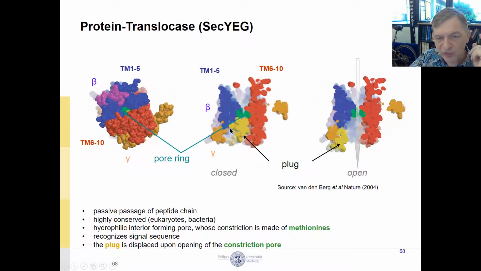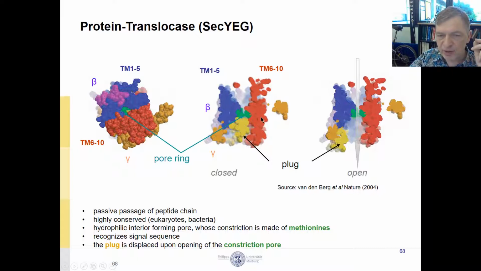When the plug goes away, one would expect that many small things can pass through this kind of pore ring. But that does not happen because, in order to go away, first the polypeptide chain has to be pressed through the pore ring by the continuous translation of the ribosome that is here on top of it, so that it's pressing the polypeptide chain through.